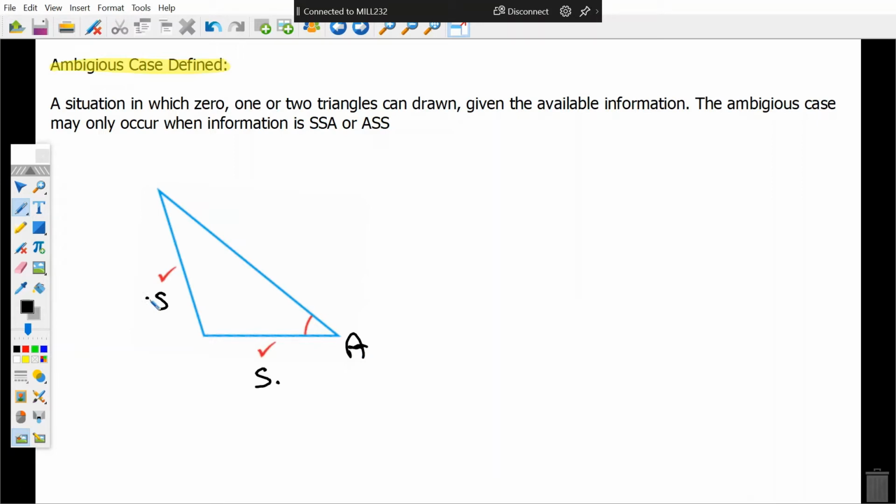Whenever you have side-side-angle or angle-side-side, it's an ambiguous case. So you're going to have to examine the information to see if there are 0, 1, or 2 possible triangles. We're going to get into each of those scenarios in a moment.